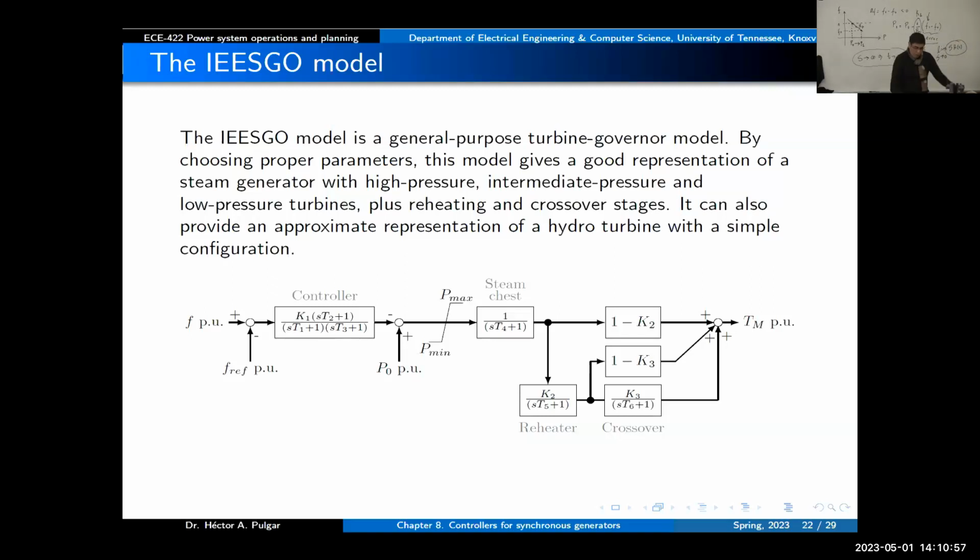If we apply this here, what do we get? That's strange. Yeah, let me check this. I need to check what the theorem is for the steady state value. It doesn't make sense.